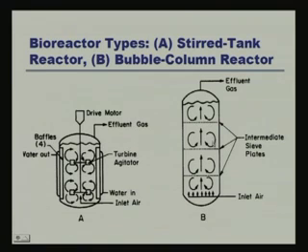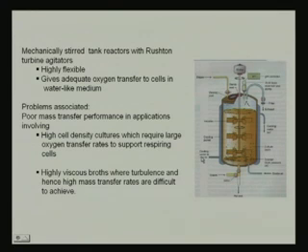Now, when we are talking about the bubble column reactor, this particular reactor is a little different from that type of CSTR, the continuous stirred tank reactor, where no impeller is there, and what is happening is that air is purged inside this reactor, through which the mixing is taking place, satisfying the oxygen demand and the uniform distribution of the nutrient throughout the medium.